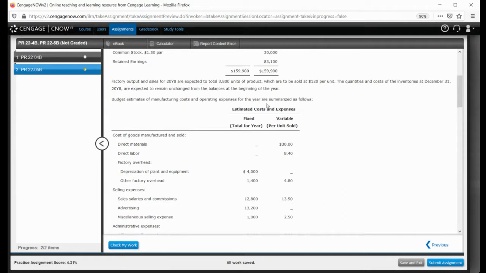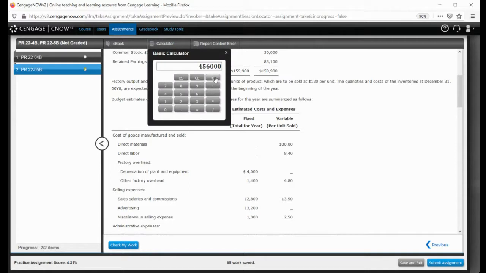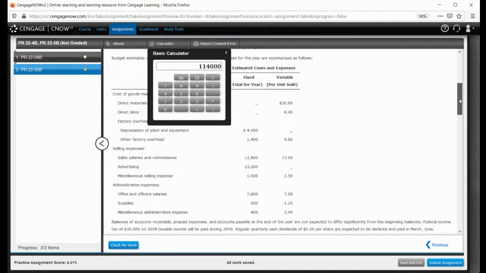Now, we were given that we have sold 3,800 units of product. That came from our information for our product. It was a given amount. And so we're going to simply multiply 3,800 times $30. And that will give us the amount of the direct materials for this period of time, which is $114,000.